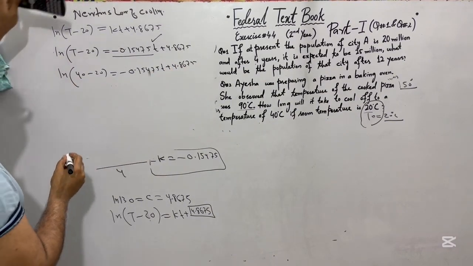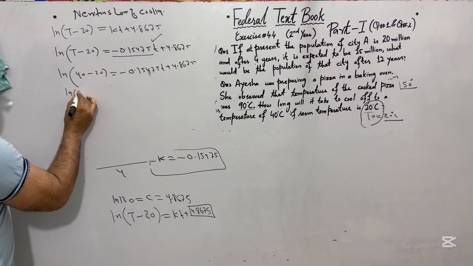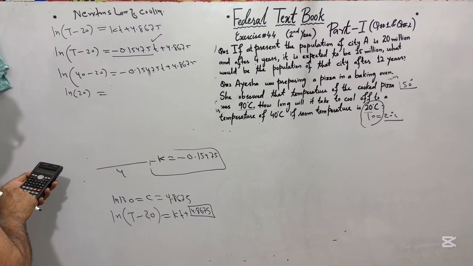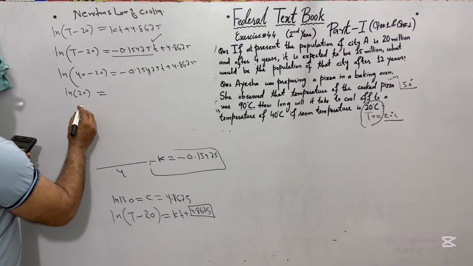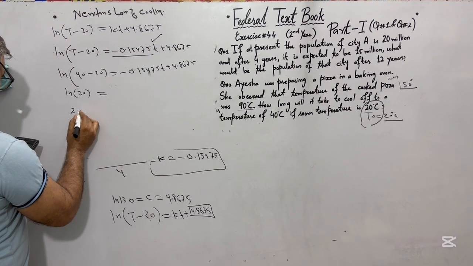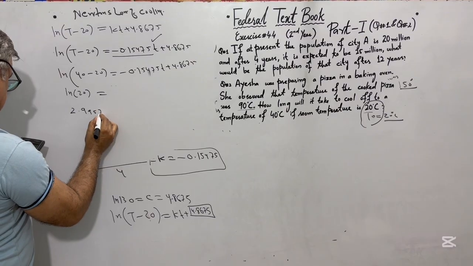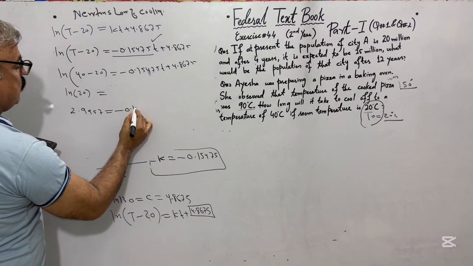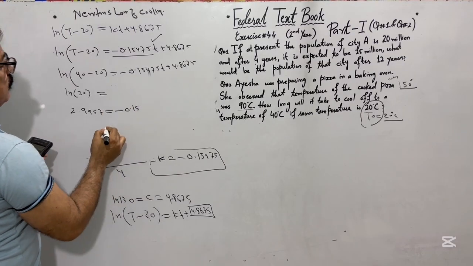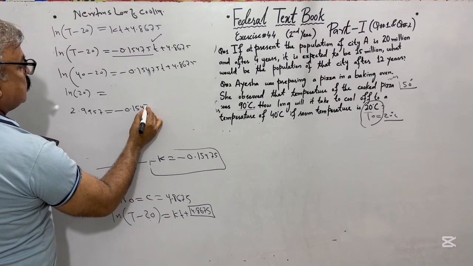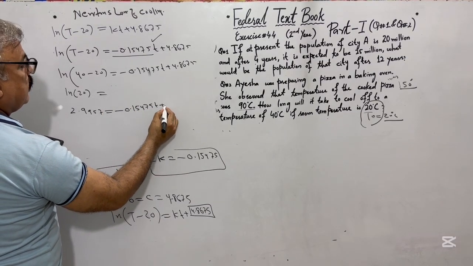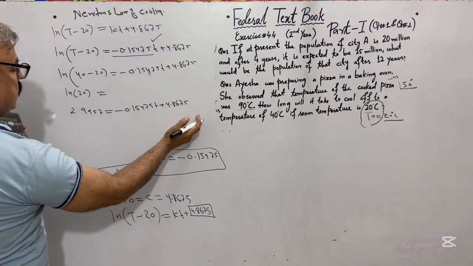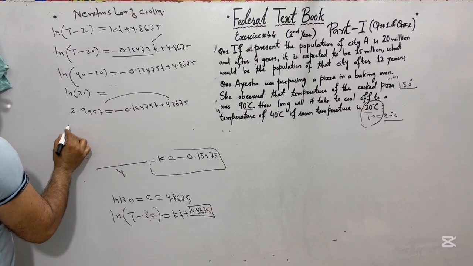Let me use a tiny calculator. ln 20 is 2.9957, 3 is there, equals negative 0.15475 t plus 4.8675.